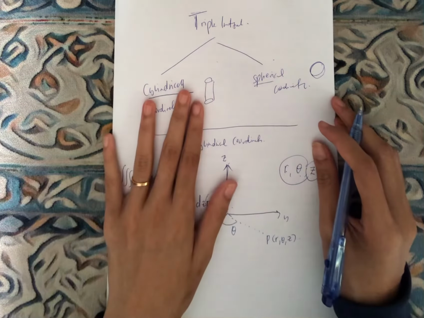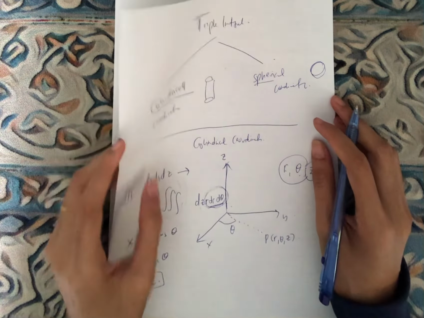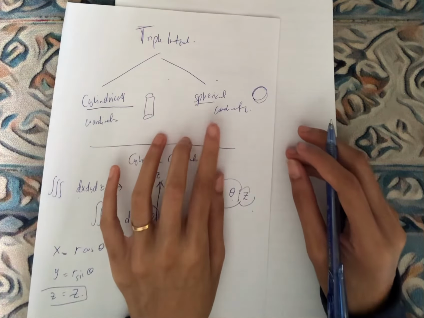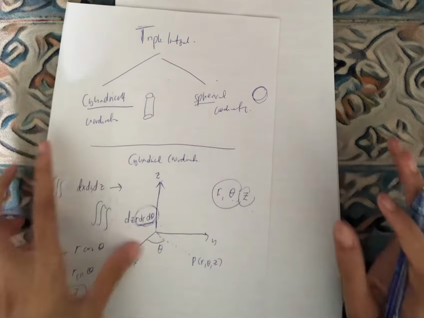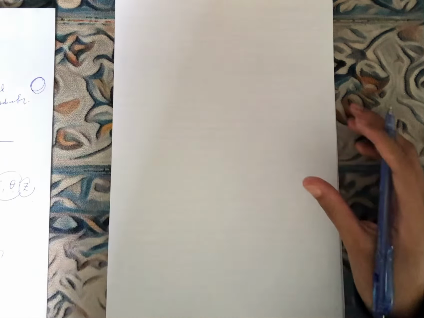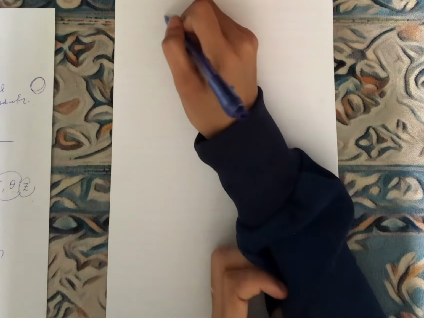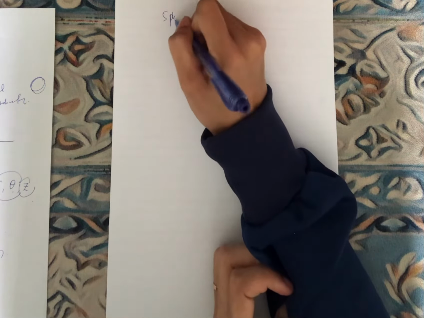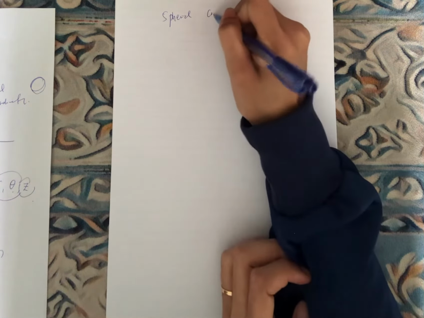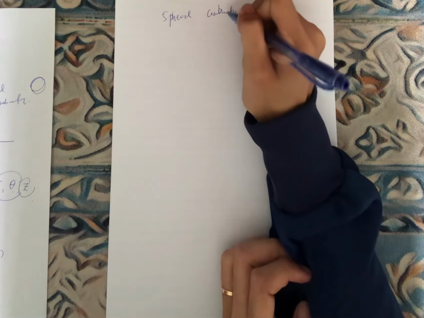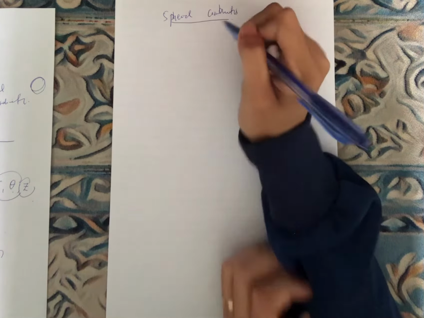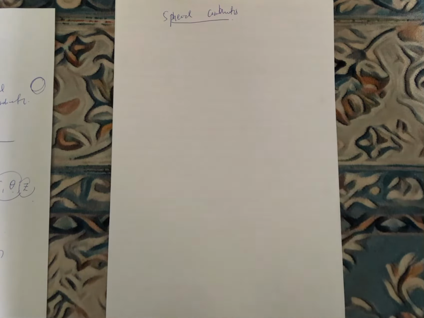So now I will explain spherical coordinates. Then in the next video I will show you the example later. So that was cylindrical, now for spherical coordinates. Basically it's similar.